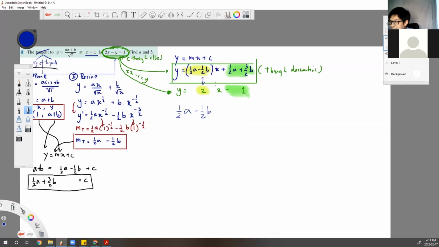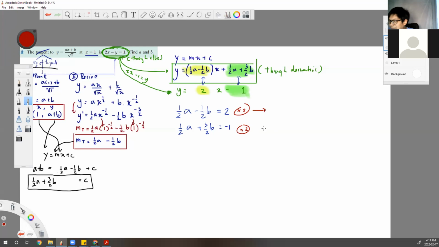First equation. Second equation. Wait, I put it below, better. If you can see clearly, you can just subtract this, you can annihilate the a. But for the sake of our sanity, you multiply by 2 in order to annihilate the fraction, annihilate the denominator.